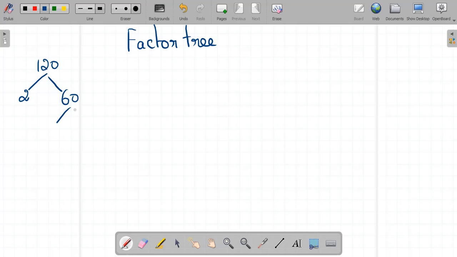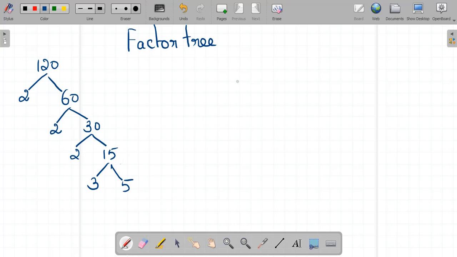Now 60 again can be divided as 2 times 30. Then 30 can be divided as 2 times 15. 15 now can be divided as 3 and 5. Now 3 and 5 are both prime numbers, so I cannot branch out anymore.